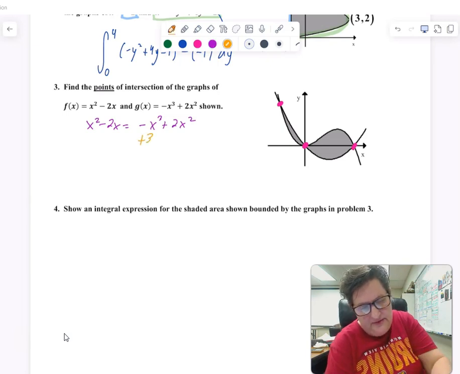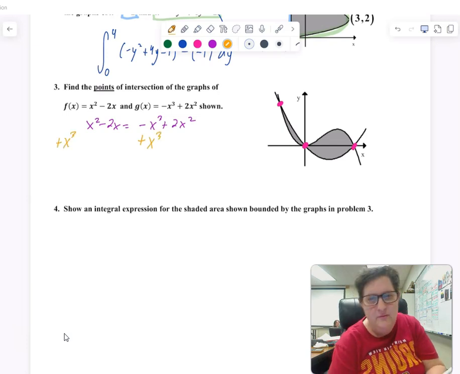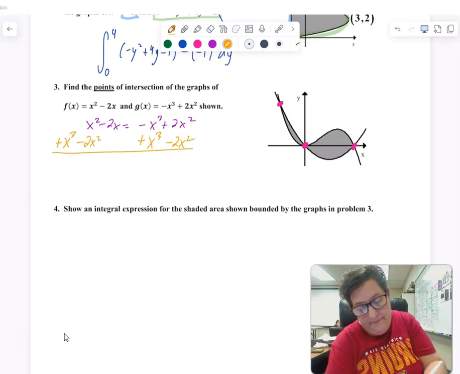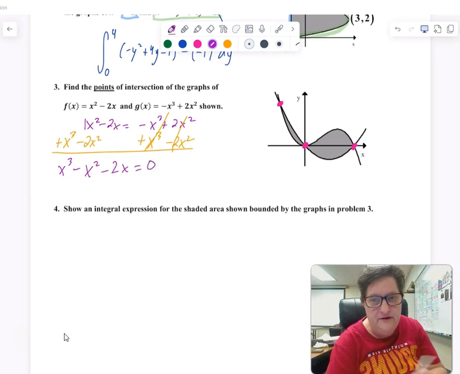I'm going to add to the left because I like having all my variables on the left. I think it's a little cleaner. I like my first variable to be positive. Okay, so I get x to the third, and that's 1 minus 2, so minus x squared minus 2x equals 0, and I need to factor that.